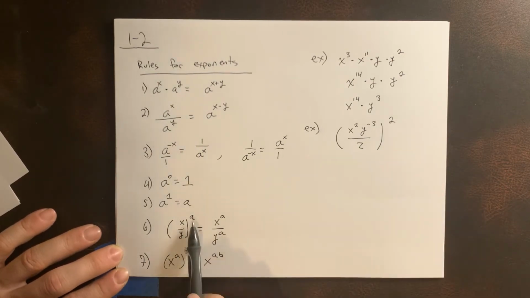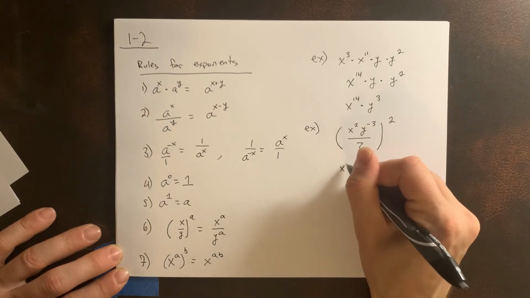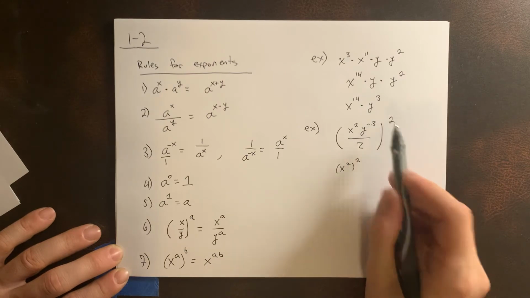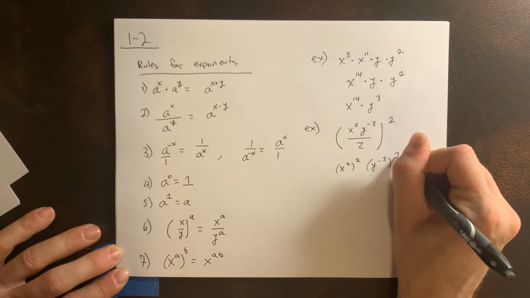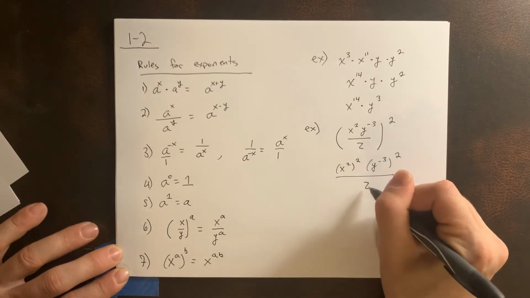Using this property, if we have a parenthesis with stuff on the inside and there's a power, every piece on the inside gets the power. So this x squared gets the power of 2, so we'll have x squared to the power of 2. This y to the minus 3 gets the power of 2, so y to the minus 3 to the power of 2. All divided by, and then the z gets the power of 2.